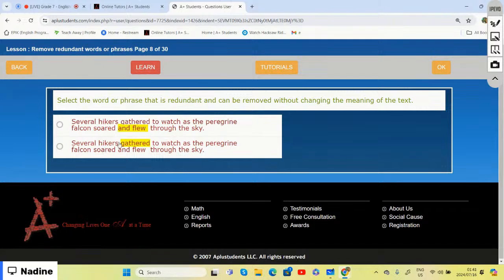So we need to remove the redundant words, right? Once again, a redundant word is almost like a repetitive word. So even if you were to remove that word, the sentence will still make sense, or the sentence will still basically be the same.